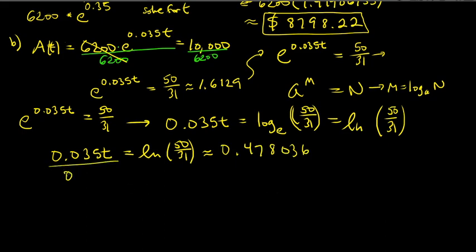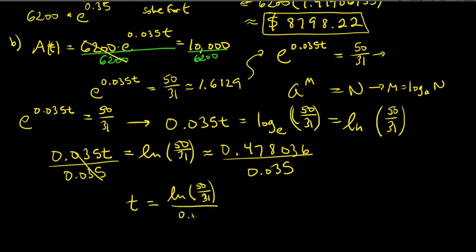So now just divide by the 0.035, and that tells you what t is. Let me write down the exact answer: the exact answer is natural log of 50 over 31, that's a 3 there, 31, divided by 0.035.